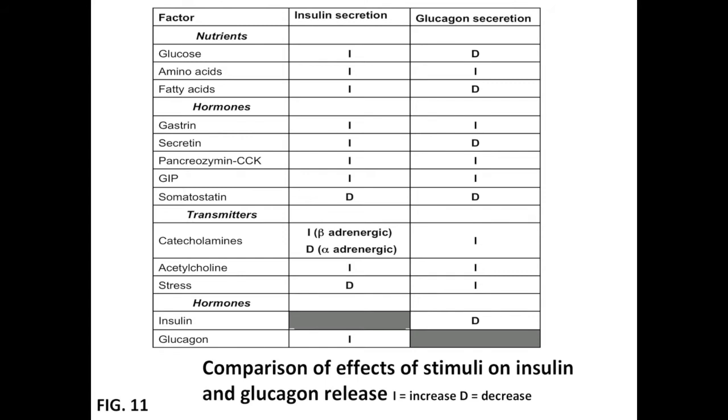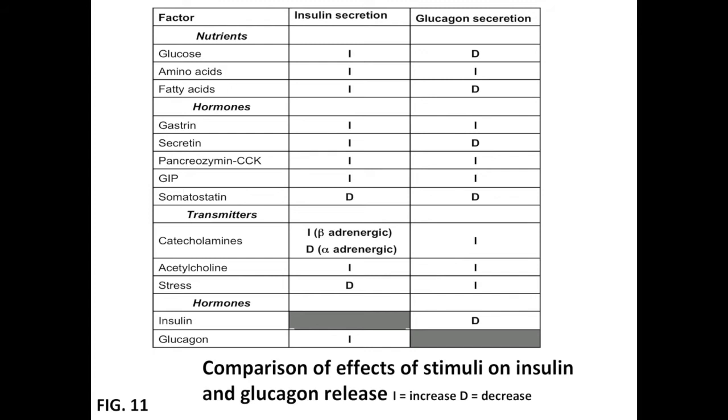And then hormones: gastrin increases insulin and glucagon secretion, whereas secretin only increases insulin secretion and will decrease glucagon. Cholecystokinin increases both of them, GIP increases both of them, and somatostatin acts as an inhibitor of both.